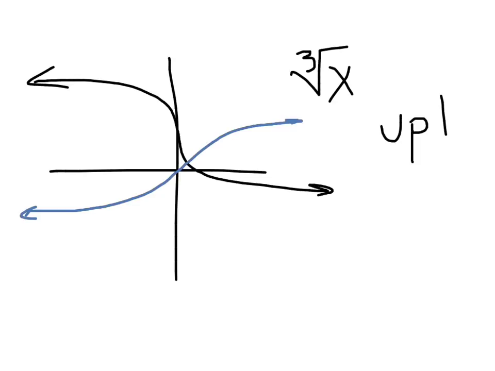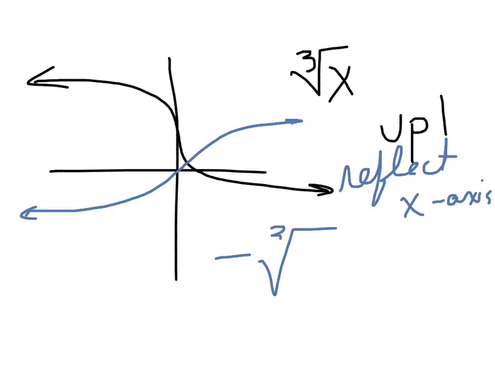Okay. What other thing did it do here? It also reflected over the x-axis. So we got two things that happened. Now, when you do negative on the outside, that is a reflect over the x-axis, and an up 1 means outside plus 1.